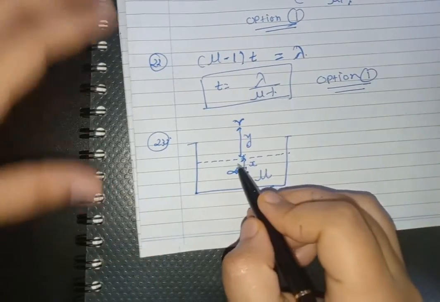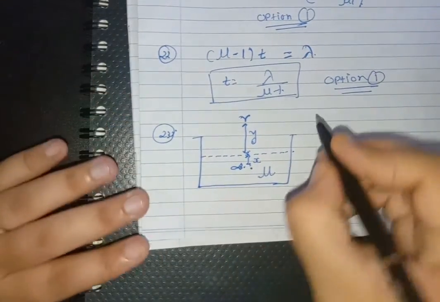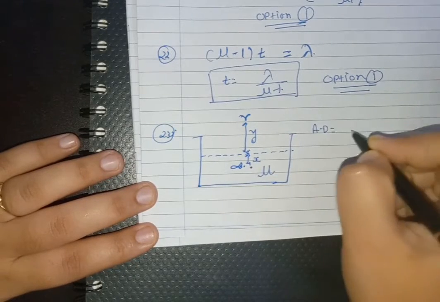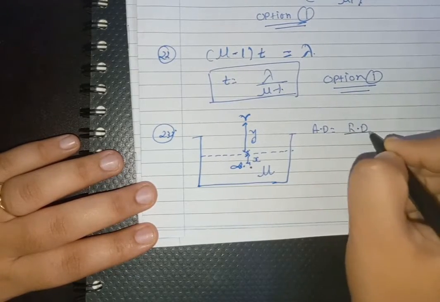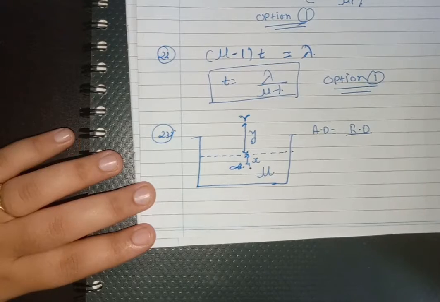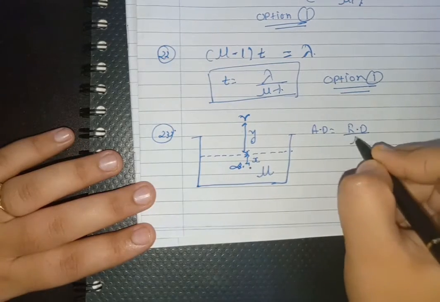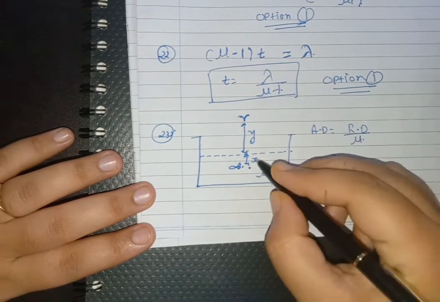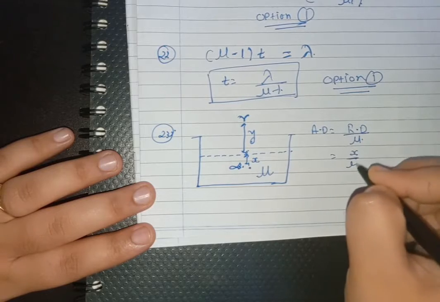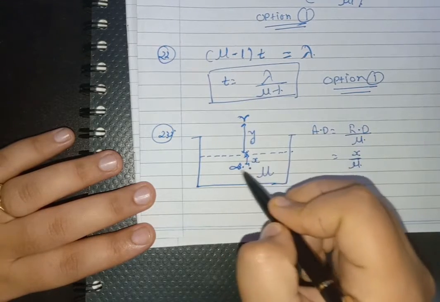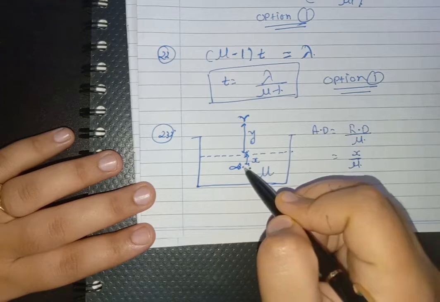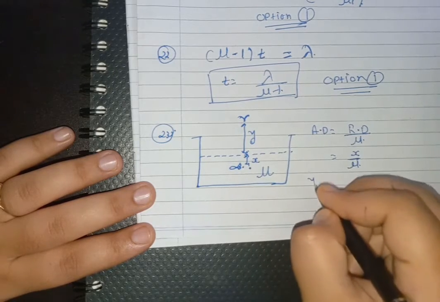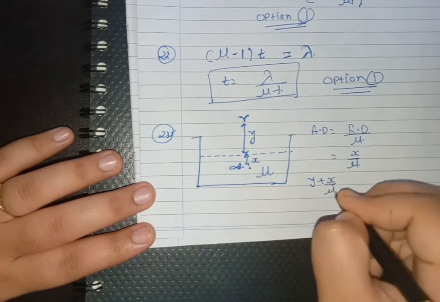Here we have to find this apparent depth. Apparent depth is equal to real depth upon refractive index. Here the real depth is x, so the apparent depth is x upon mu. So the total distance of the fish from the bird will be y plus x upon mu.